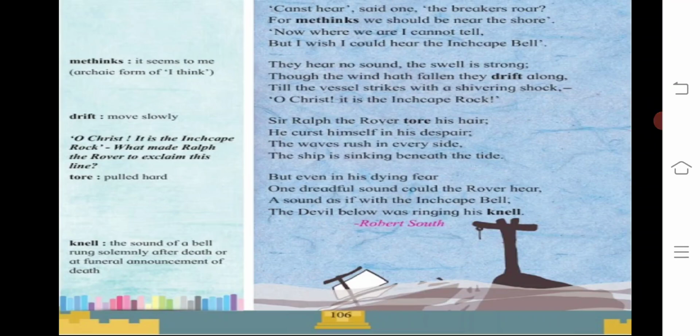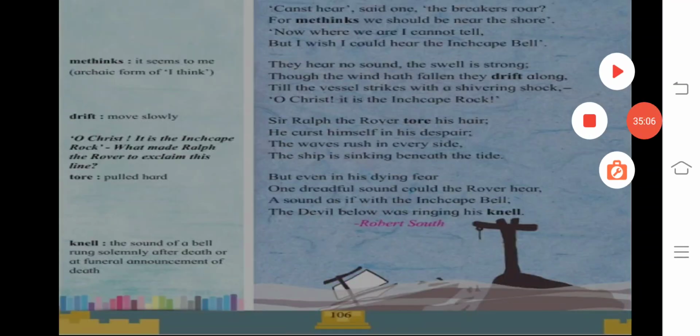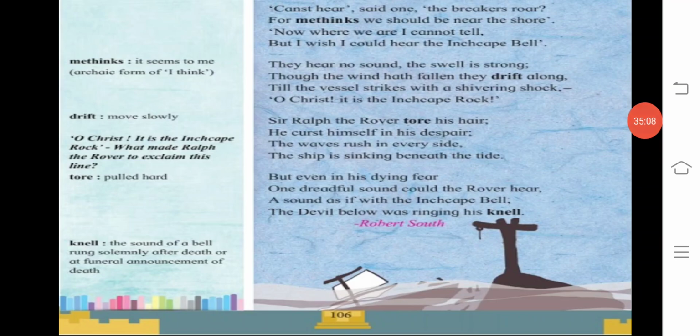So one of the sailors thought they were near the shore. Shore means the beach of the sea, because their imagination was that if sea waves are rushing towards something, making a dropping sound and coming back, definitely that is the shore of the sea.